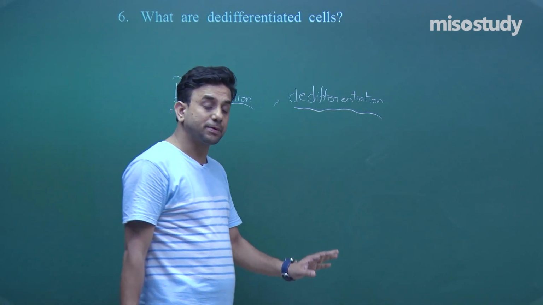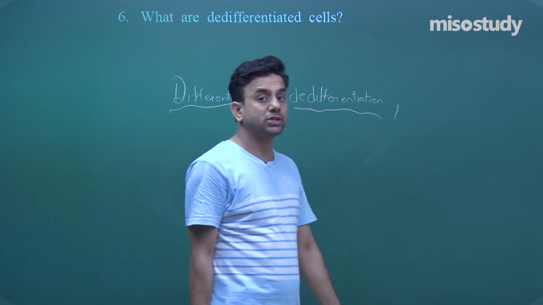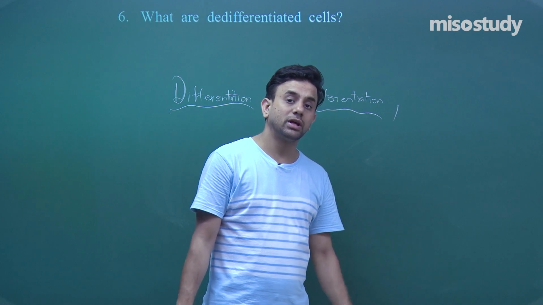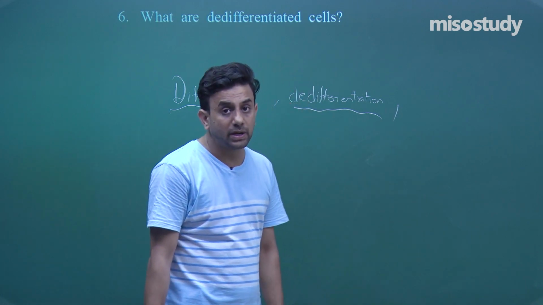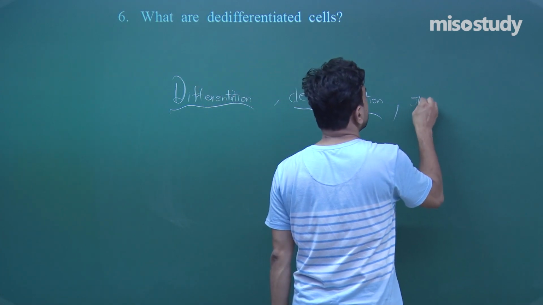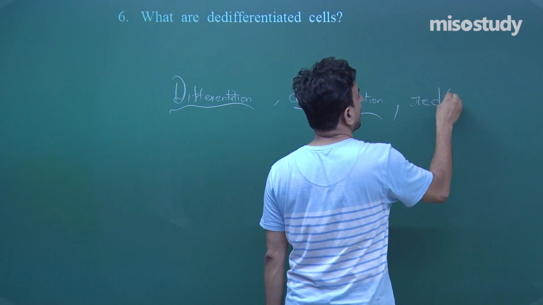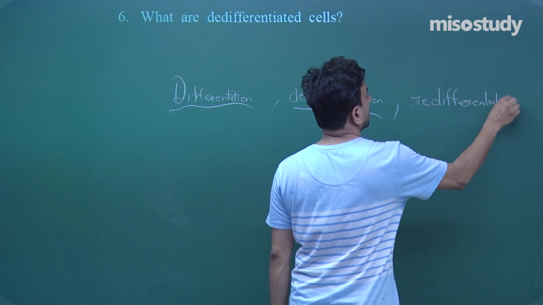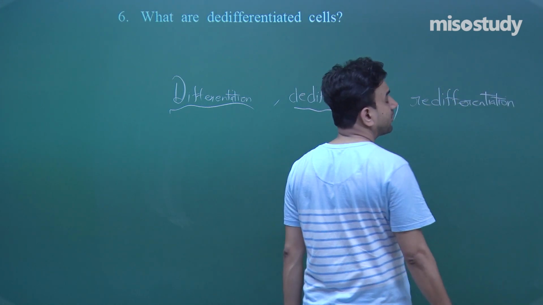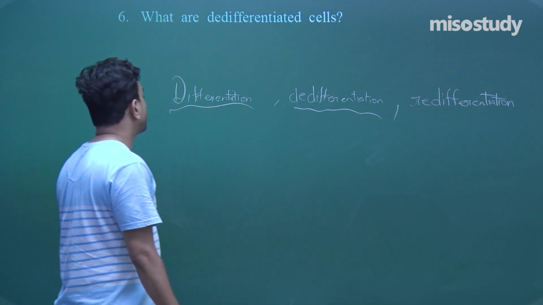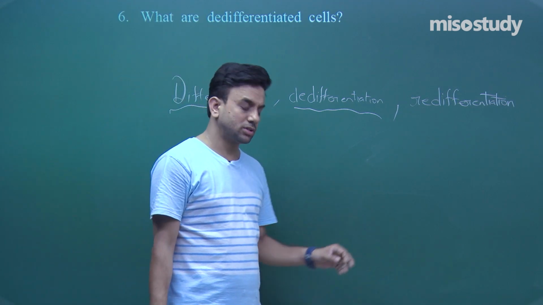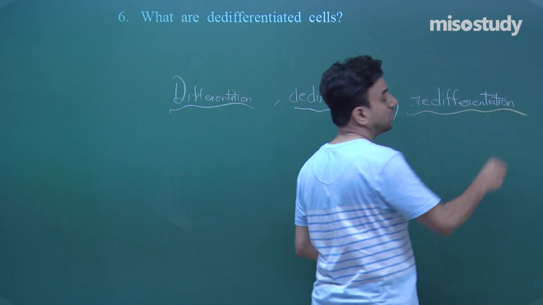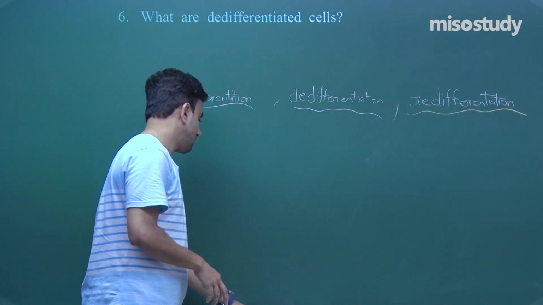And again, if they get specialized to perform a specific function, where there is the division or organization of labor, then we call it redifferentiation. So, differentiation, dedifferentiation, and redifferentiation, right?